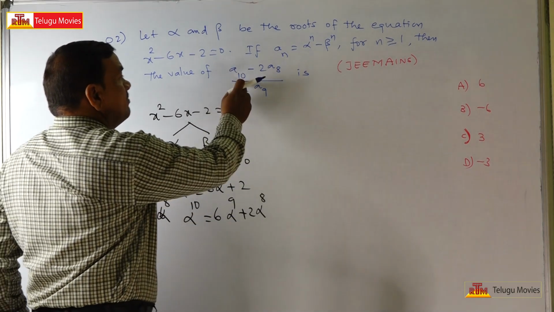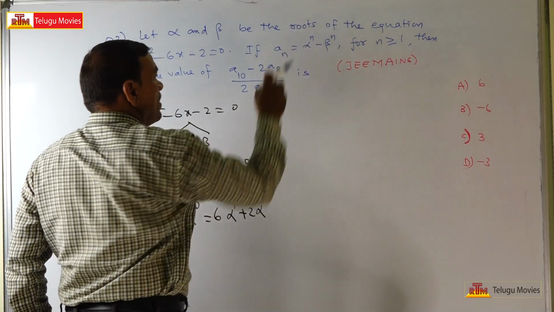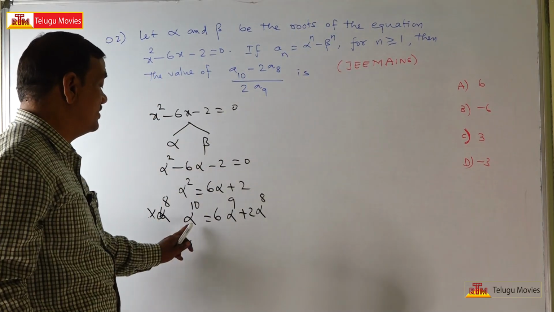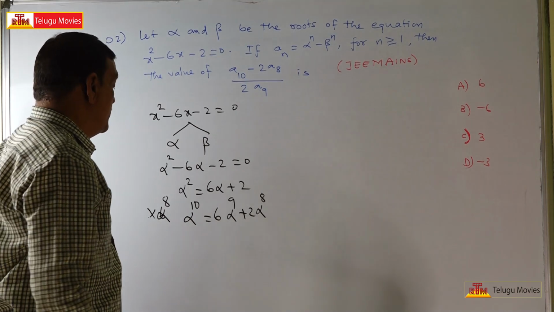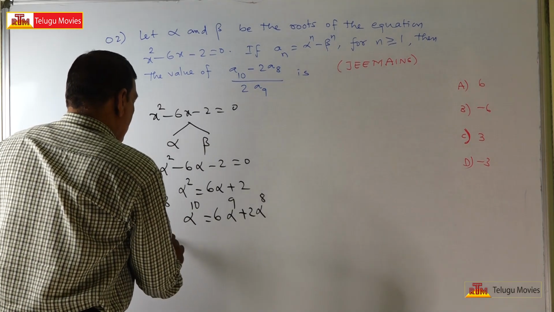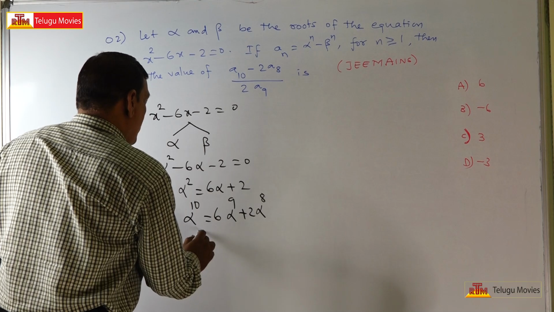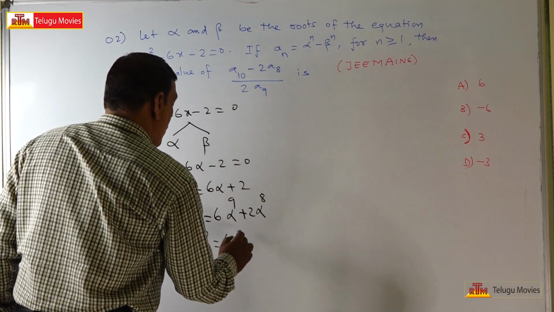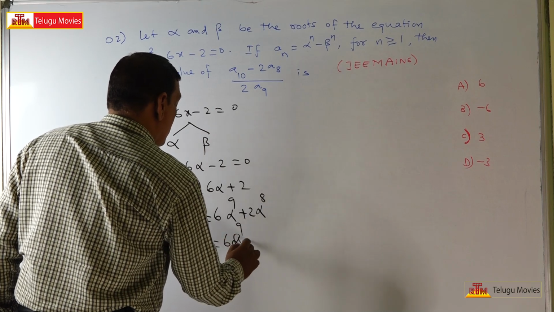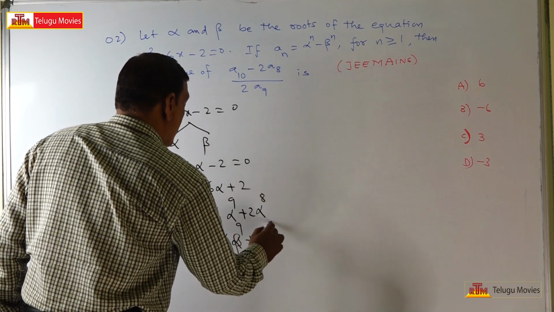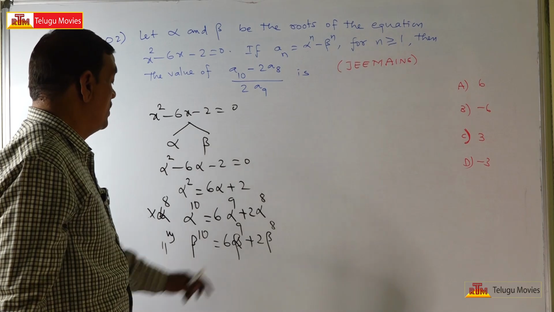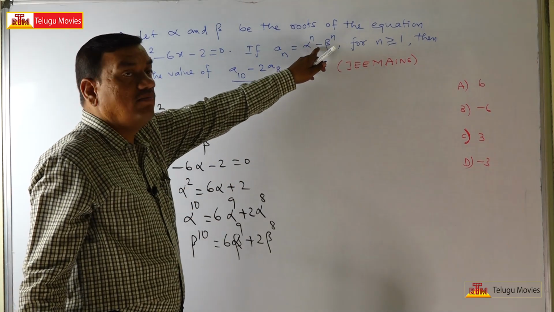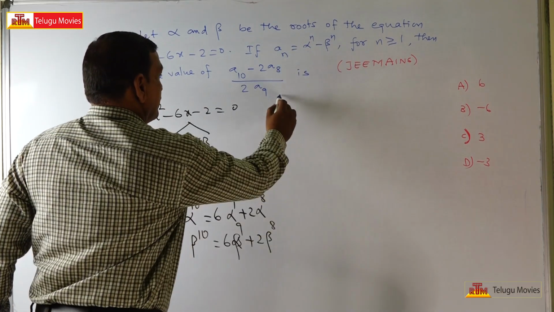Because a10 means alpha power 10, and I want alpha power 10. That is why I got alpha power 10. Right. Similarly, beta power 10 is equal to how much? 6 times beta power 9 plus 2 times beta power 8. Okay.